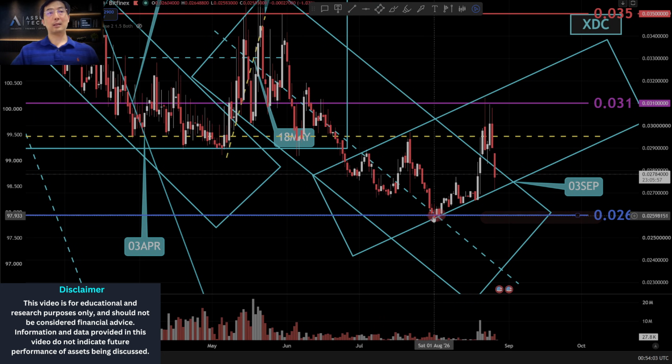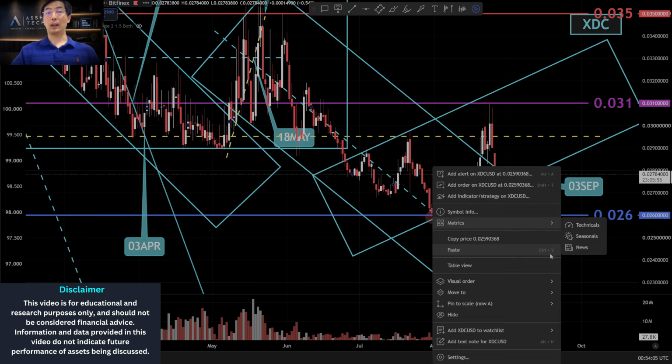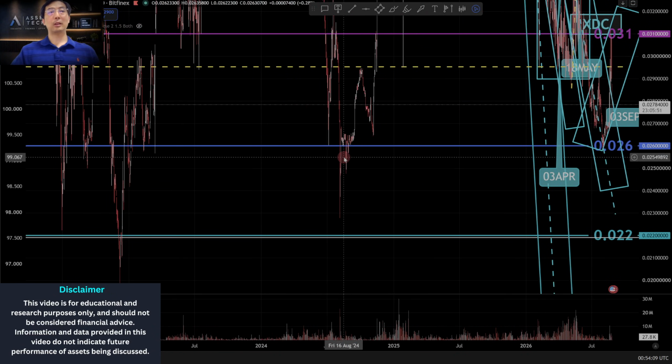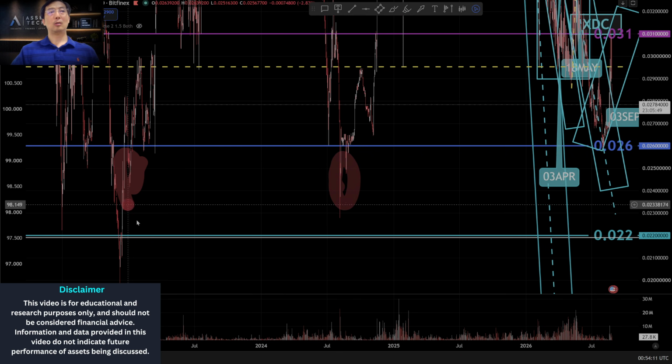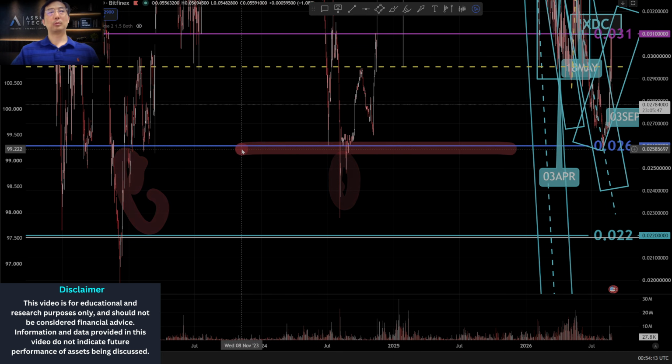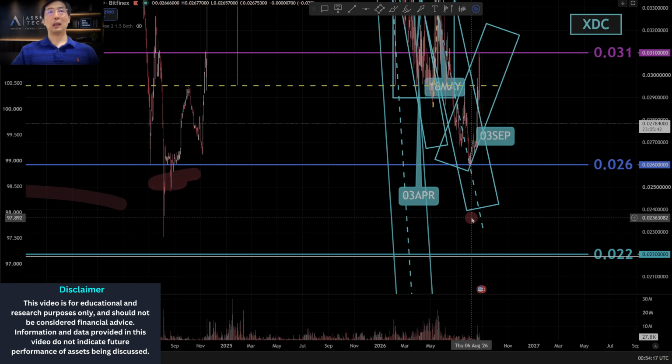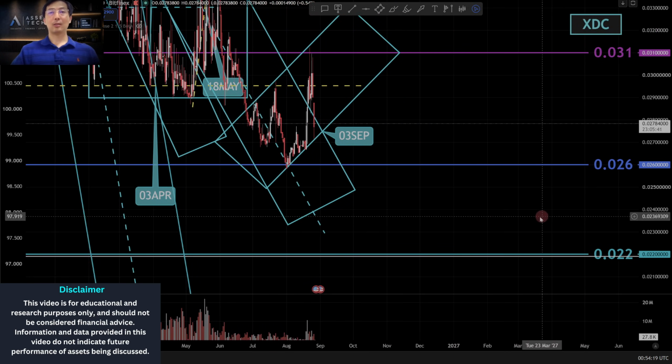Last time it tested the support was end of July, almost exactly 1 month ago. And the previous accumulation all went below this blue line when they were at their lowest point for XDC.